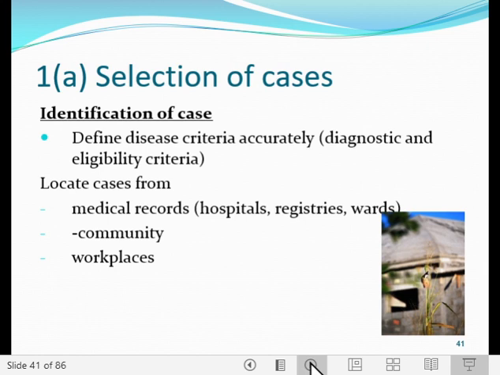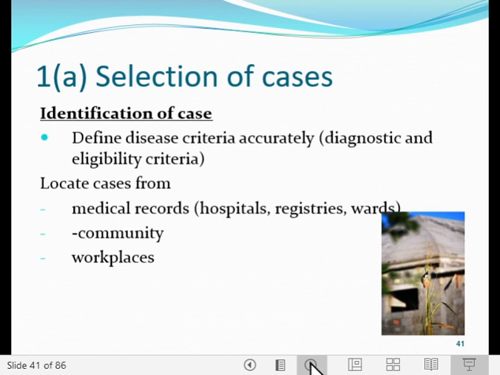As for example, if it is caries, then will you include when there is a catch, or when there is a discoloration, or when there is a proper cavity where there is soft matter coming out from the base of the cavity. And eligibility criteria means that you select the age, sex, the occupation, or whatever the relevant criteria to the study, you have to select that.